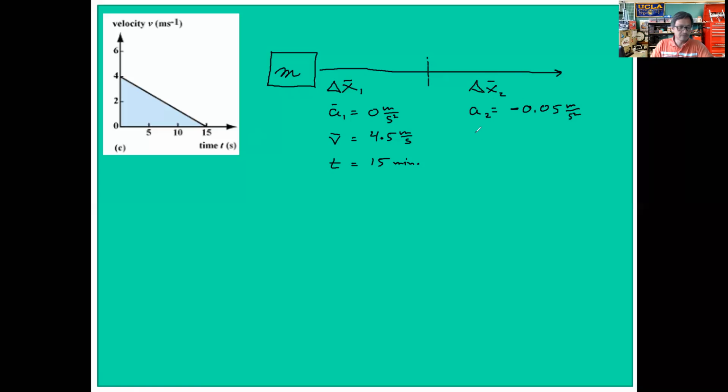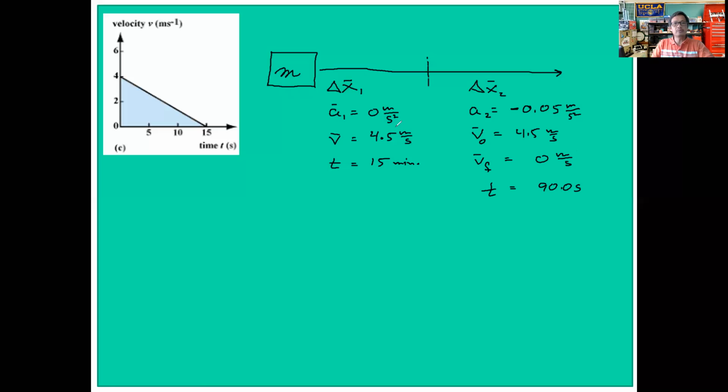Therefore, if we consider this motion, at this point his initial velocity is 4.5 meters per second. His final velocity, because we're told he comes to a stop, is 0 meters per second. And he does this for 90 seconds. So that's the second part of his motion.